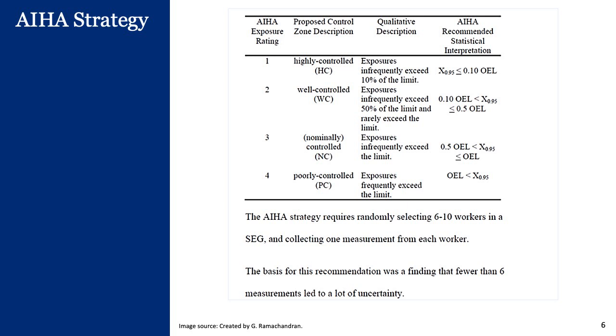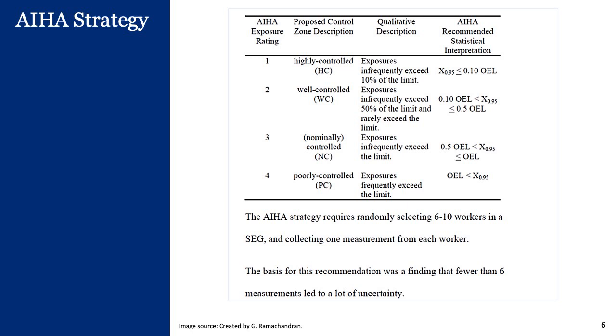And we'll show that also a little bit later in this section. And once you have obtained 6 to 10 measurements, we can go ahead and calculate the 95th percentile and see which of the 4 AIHA exposure categories or exposure ratings the 95th percentile most likely lies in.